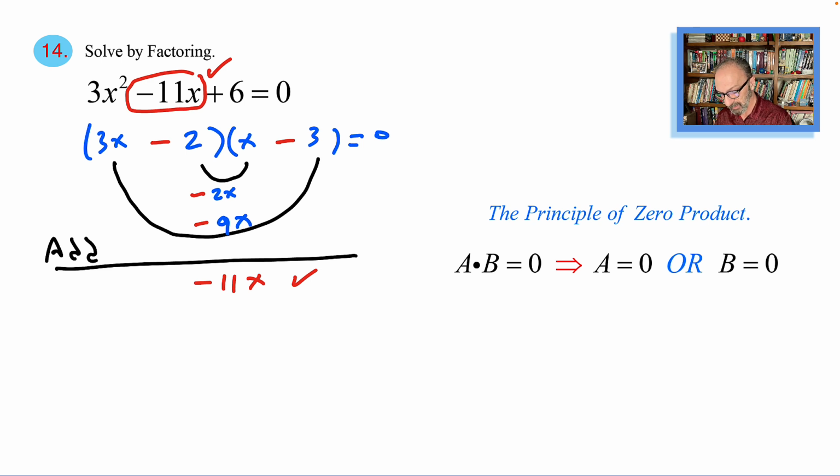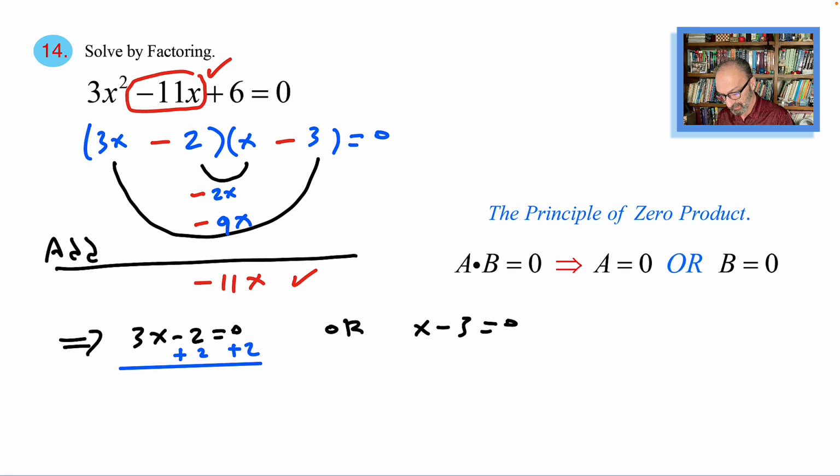With the principle of zero product, this implies that 3x minus 2 equals 0, or x minus 3 equals 0. Add 2 to both sides. I will have 3x equals 2. Divide by 3, to leave x alone.